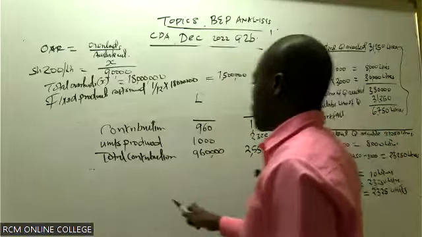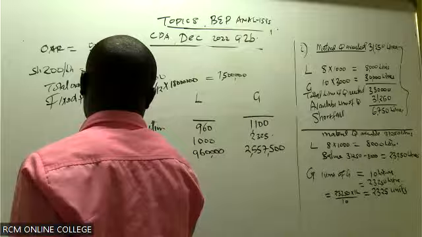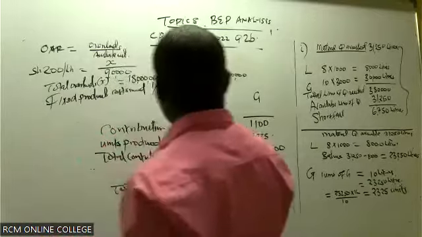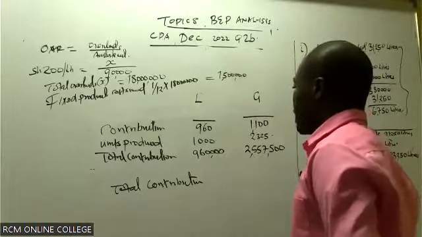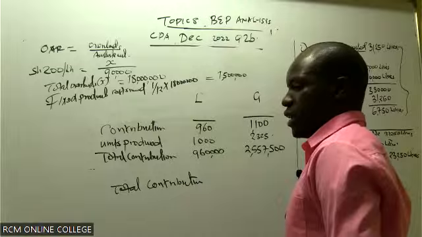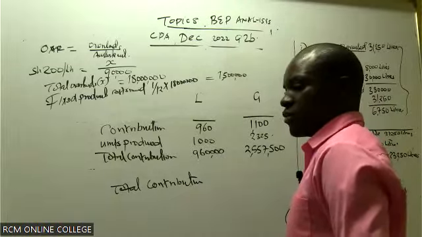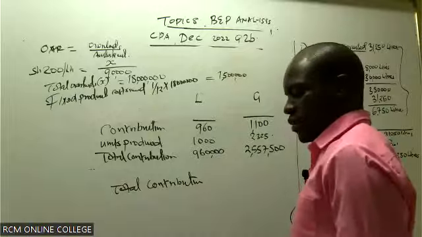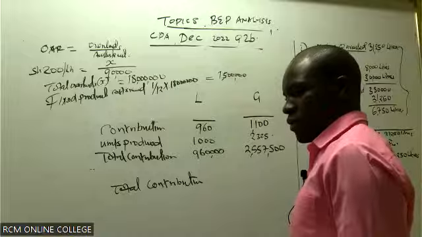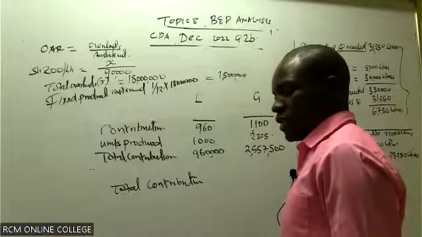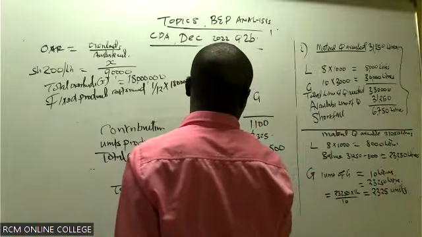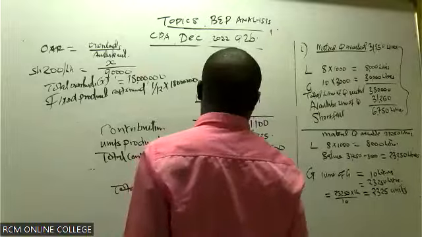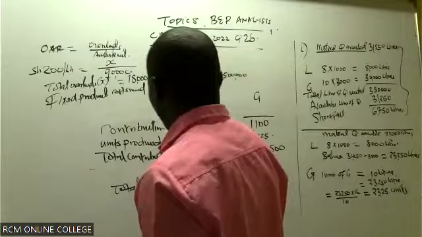Now, give me this one here. Total contribution: add this plus this. How much do you get when you add these two? It is 3,517,500. That is the total contribution.